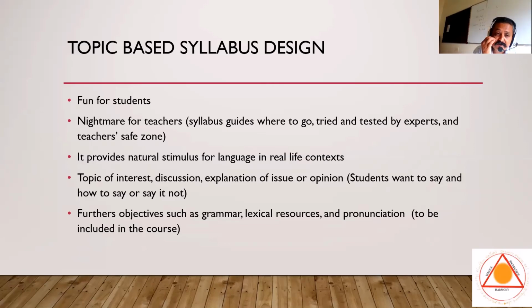So the students will decide the topic of interest. The teachers can sit together and negotiate what the topics of interest are, and they will discuss, explain an issue or opinion. Here, the student may say in his own mind that I want to do this, and that's where the difficulty may arise for the teachers.